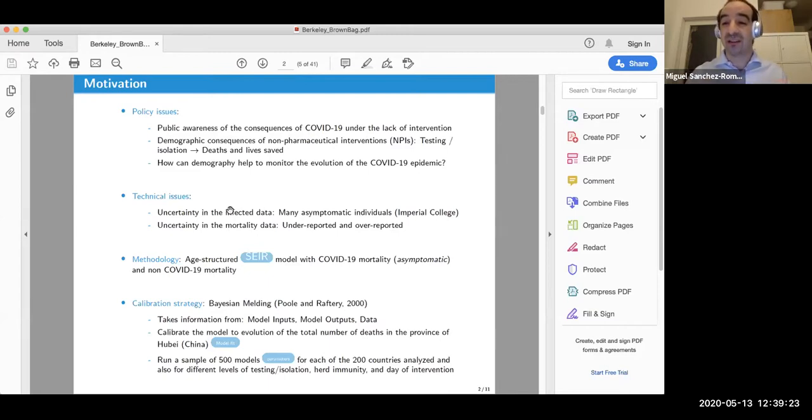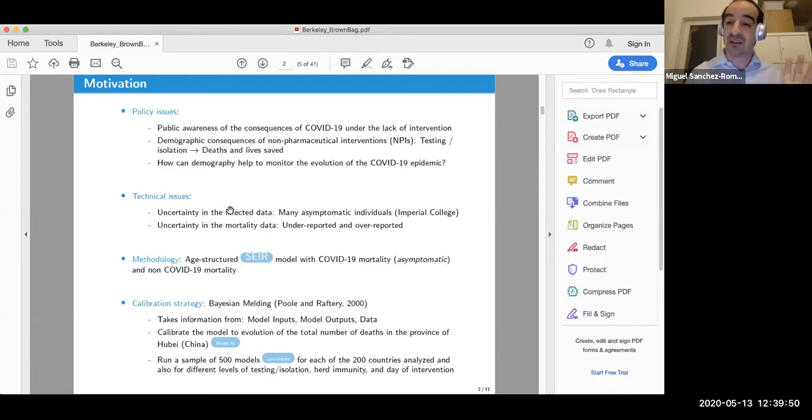So the Bayesian melding in this particular case will help us to say, okay, given that the existing SEIR models, we know that they are capable since decades of replicating very well the evolution of epidemics, we are going to rely on the information that these models are giving us. So we are giving exactly the same weight to the information reported by the model as to the weight reported by the data.